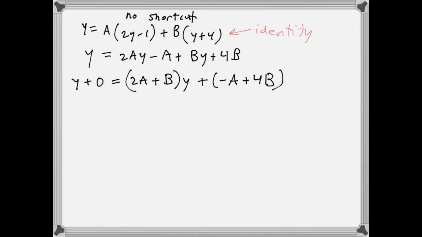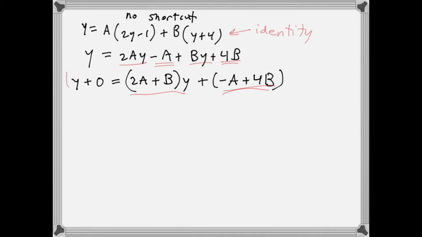So here's what we did. What I did was I took the like terms, right? That's a like term with that. And I combined them together and factored the y out. So that's what we have here. And then this guy and this guy I group together over here. Why am I doing that? Because now I can equate coefficients from the left with coefficients on the right.